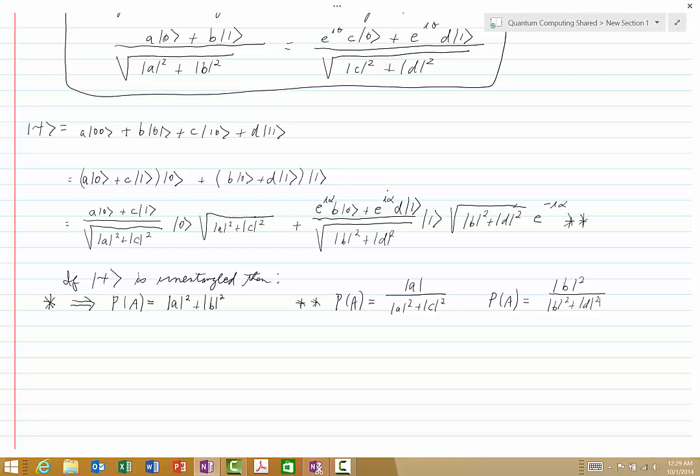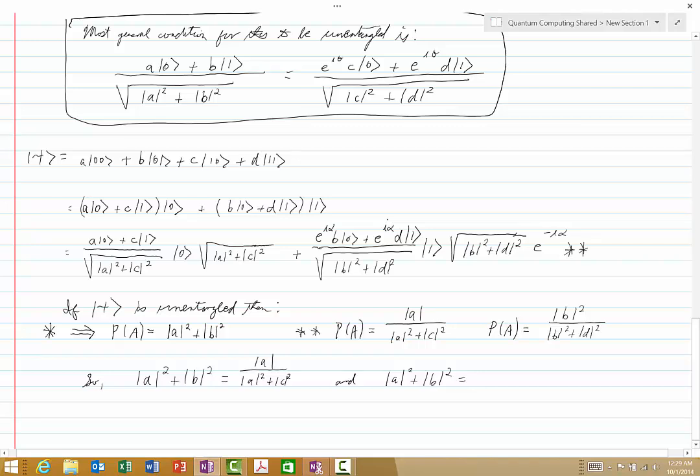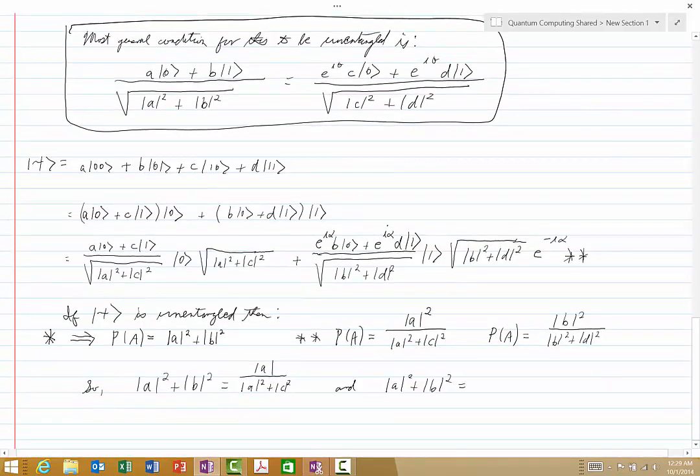So now if we combine these equations, we get that the magnitude of A squared plus the magnitude of B squared, that's the expression that we get for the probability of A from star, must be equal to the magnitude of A squared over the magnitude of A squared plus the magnitude of C squared, but also the magnitude of A squared plus the magnitude of B squared is equal to, let's see, this should be magnitude of A squared here.